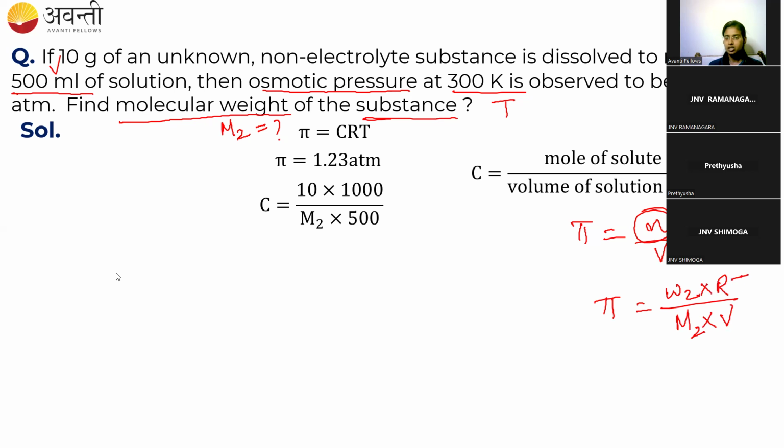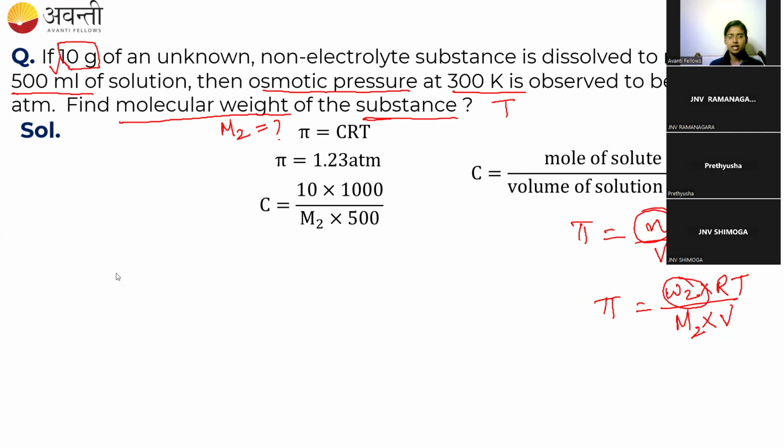Here we already have R and T, so you can put all the values. W2 is the mass of the solute, 10 gram, given in the question, and RT divided by M2 into V.